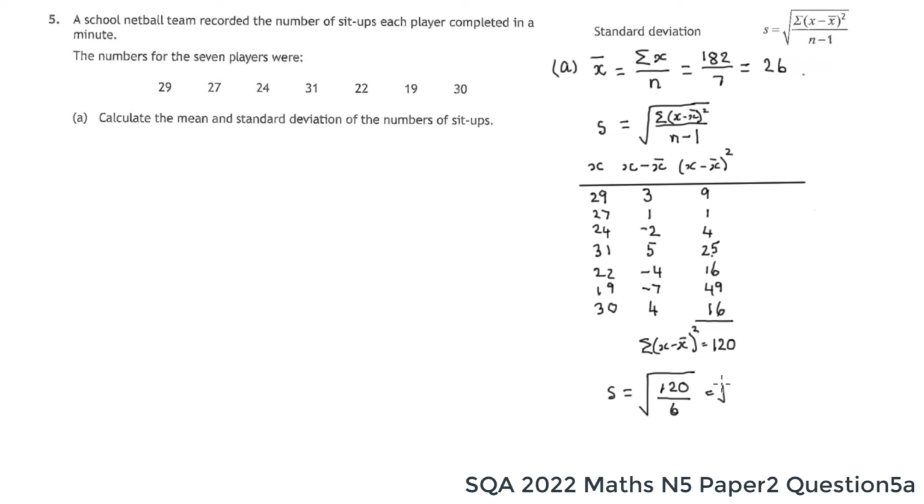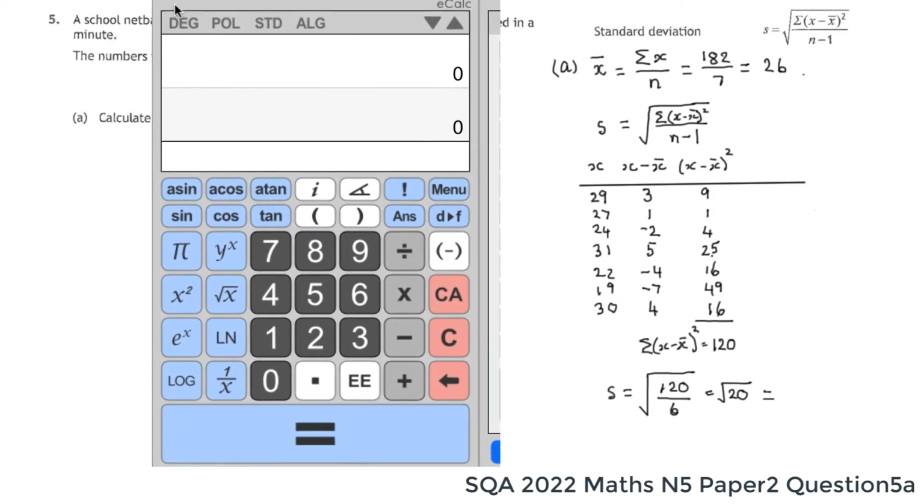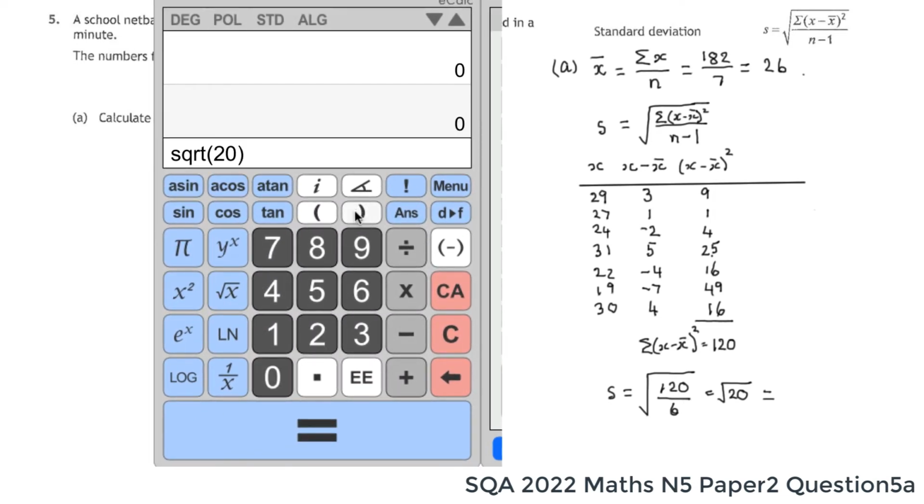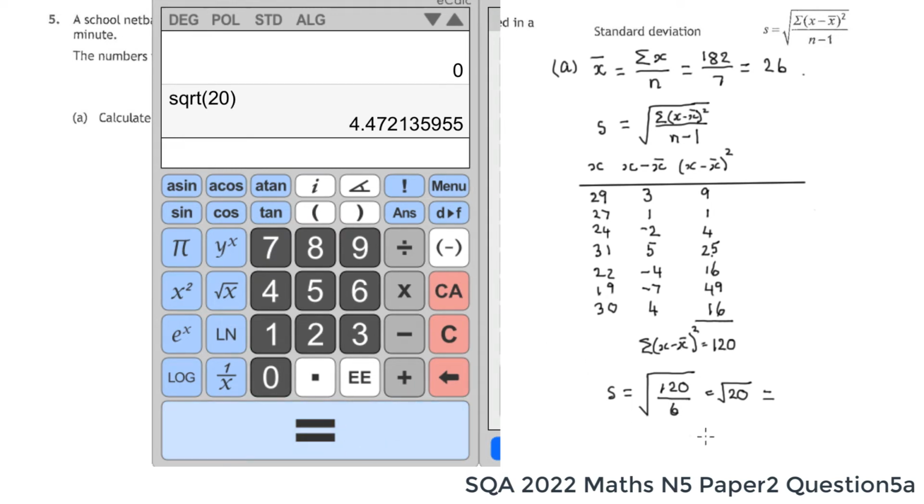So we've got the square root of 6 into 120 goes 20 times. So square root of 20, you can get the calculator out to do that. Square root of 20, and there it is. It's 4.472, and so it goes on.